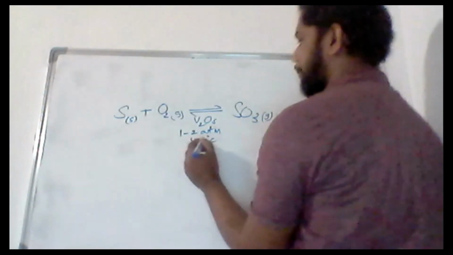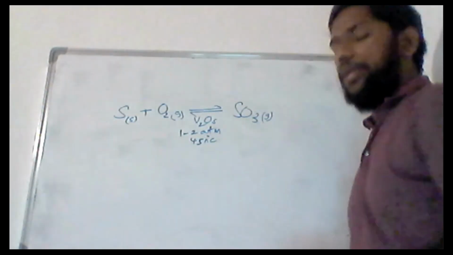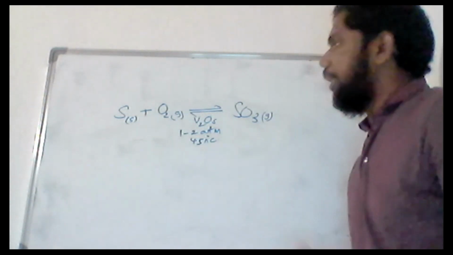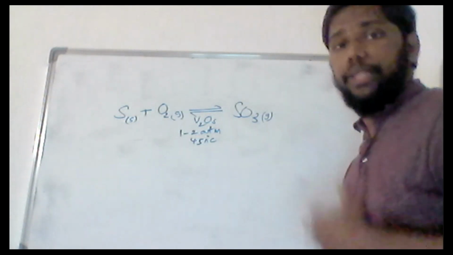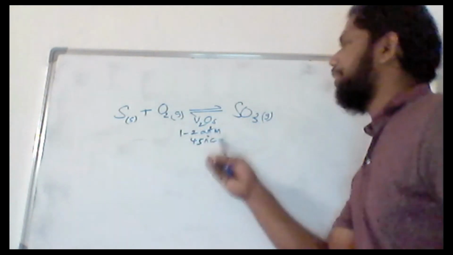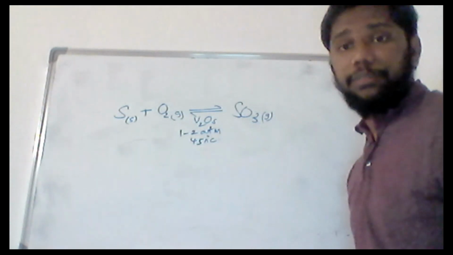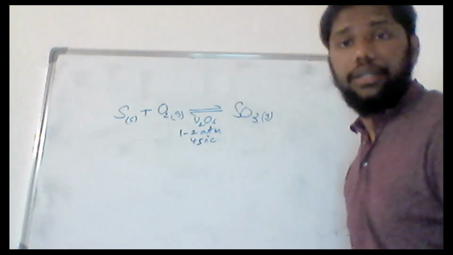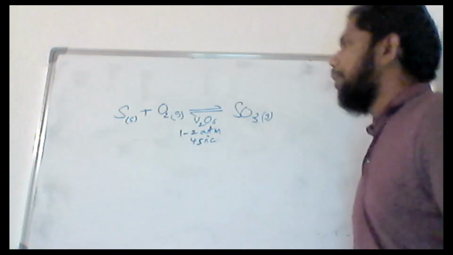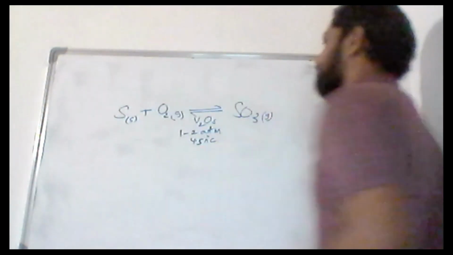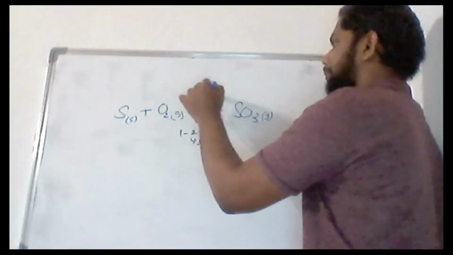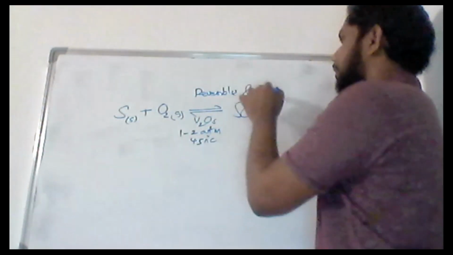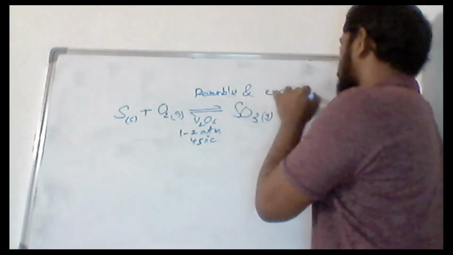When you have a question like explain the physiochemical properties, they are asking, always remember, to explain the conditions based on Le Chatelier's principle and the condition that you have used, how it suits the reaction. So remember, this particular reaction is reversible and exothermic.